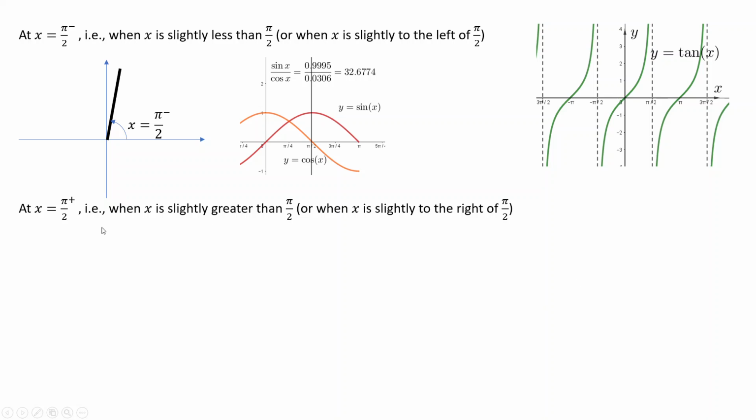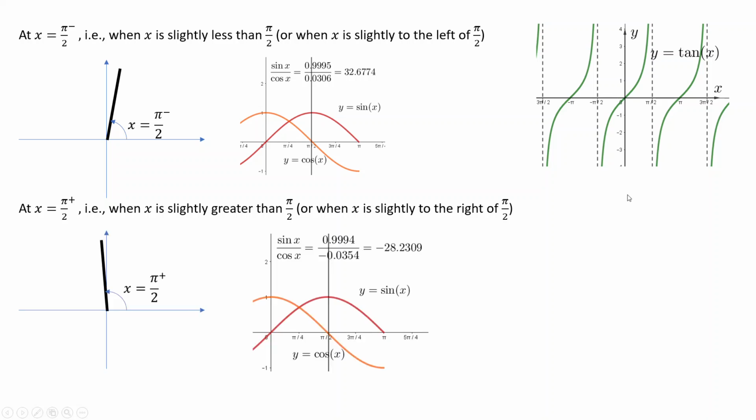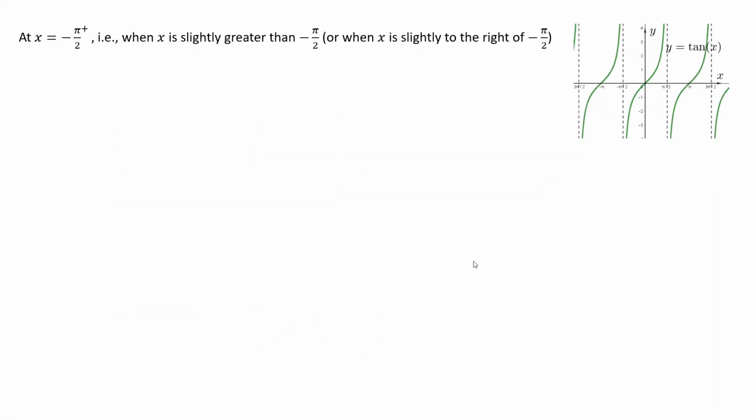To the right of pi/2, which we denote as x equals pi/2 plus, we notice that the tangent graph is going to negative infinity, and we talked about that. Look at the number being a negative large number to the right of x equals pi/2. What else?